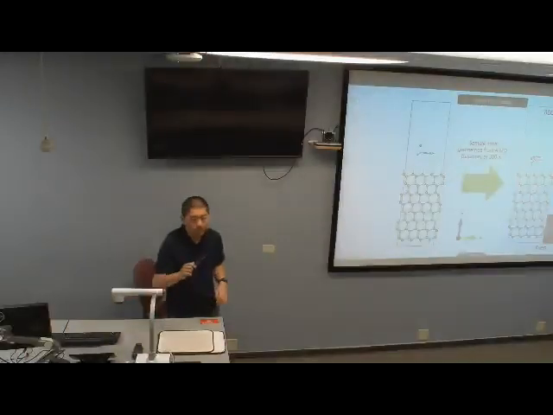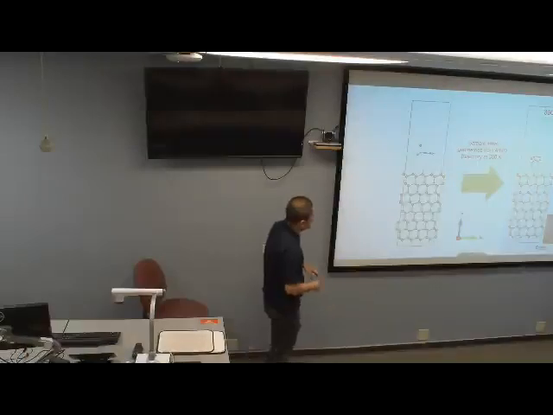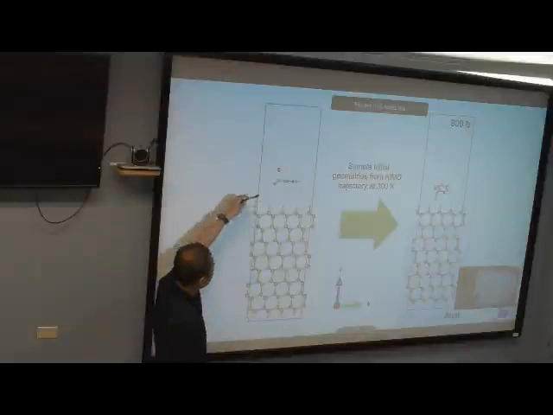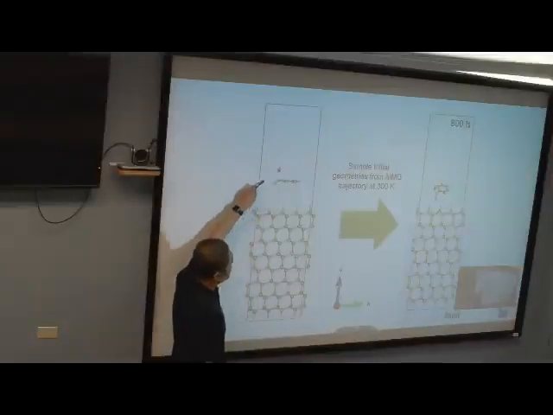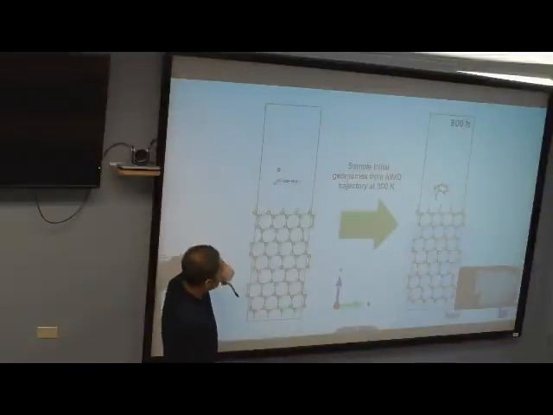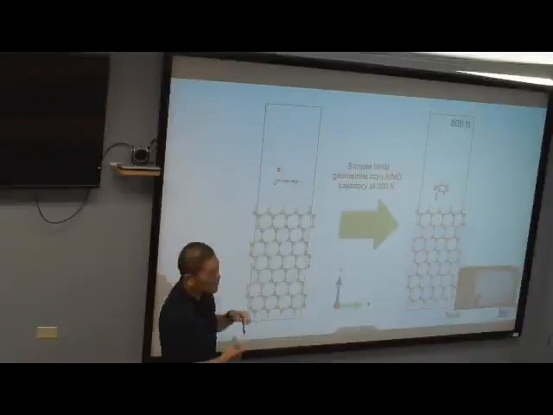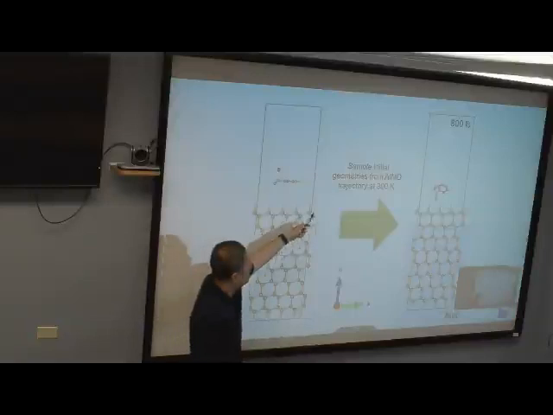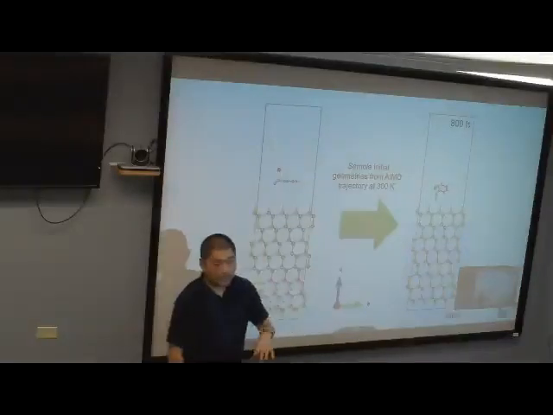So we want to model this reaction. This is our simulation cell. This is the silicon 111 slab, and this is the diazonium bromide molecule. What we did is we sampled different initial geometries from room temperature molecular dynamics.